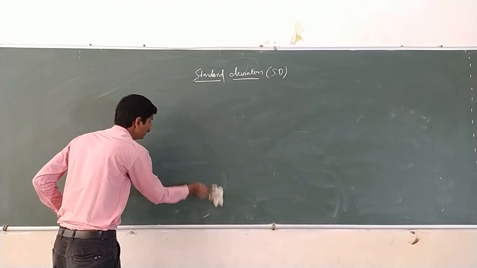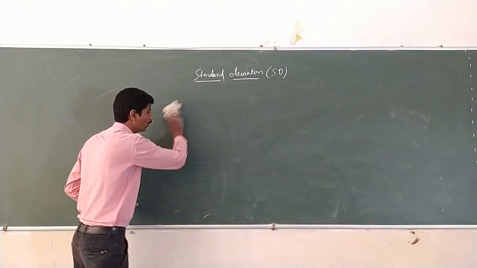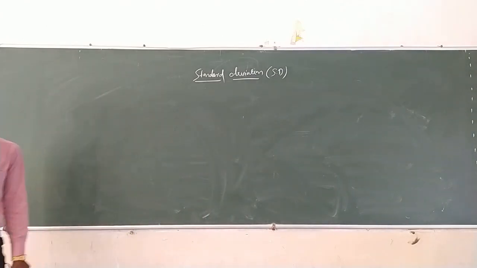In arithmetic mean, the total 3 properties are there. Here in standard deviation, in total 4 properties are there.